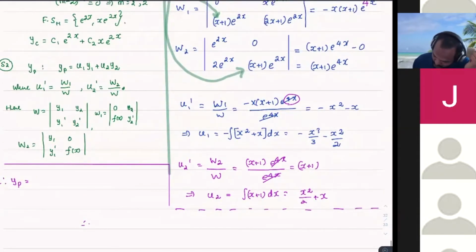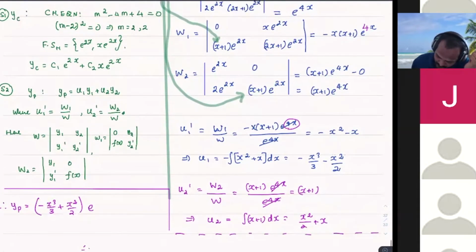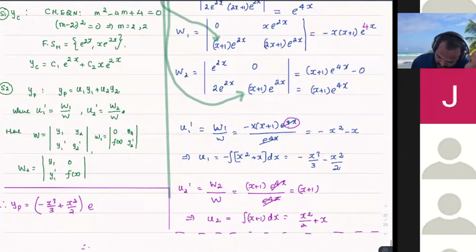Therefore your yp would be u1, which is negative x cubed over 3 plus x squared over 2 times e to the 2x, plus x squared over 2 plus x times x e to the 2x. Is this okay?